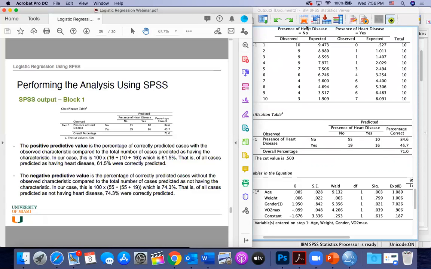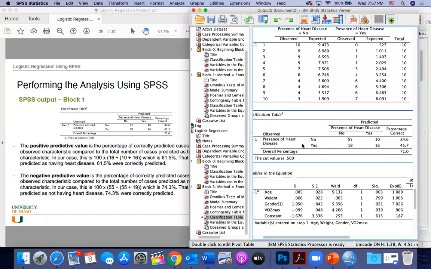So this is how we talk about this classification table, and you can see how much information we can gain from this table.